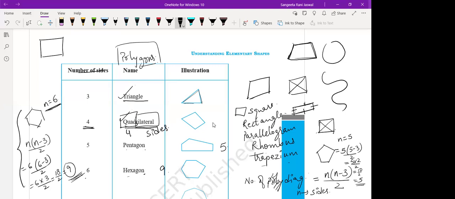So a hexagon can have 9 diagonals. You know what diagonals are? Like this, like this.